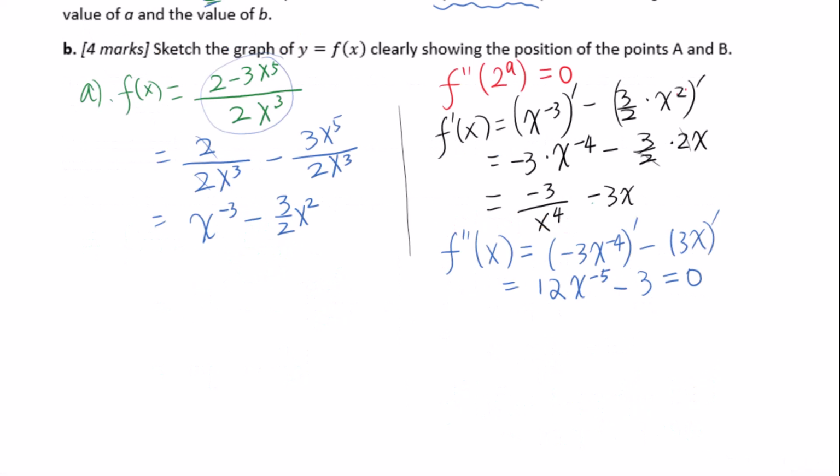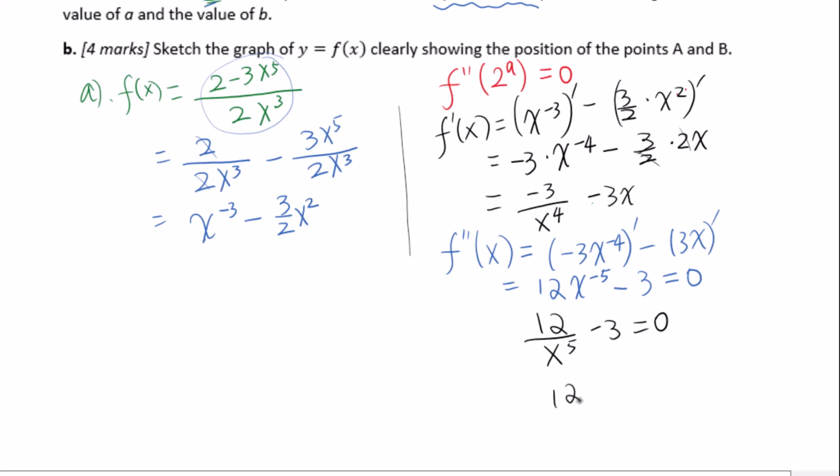Because we are looking for the inflection point, we get 12 over x to the fifth power minus 3 equals 0. 12 over x to the fifth power equals 3.